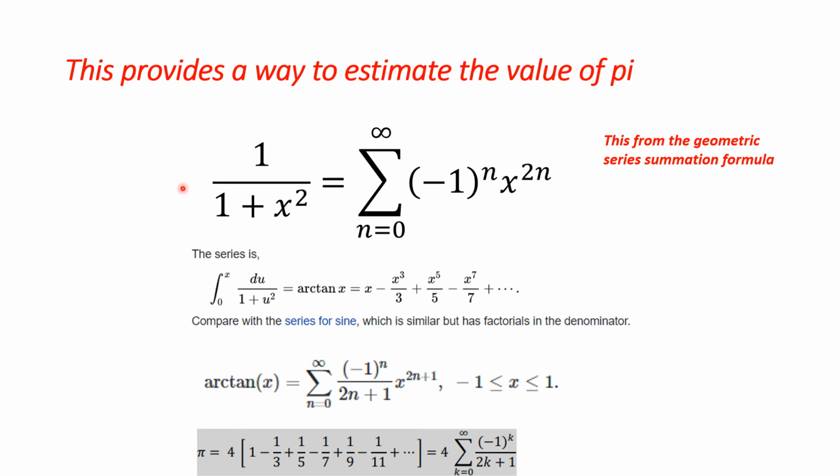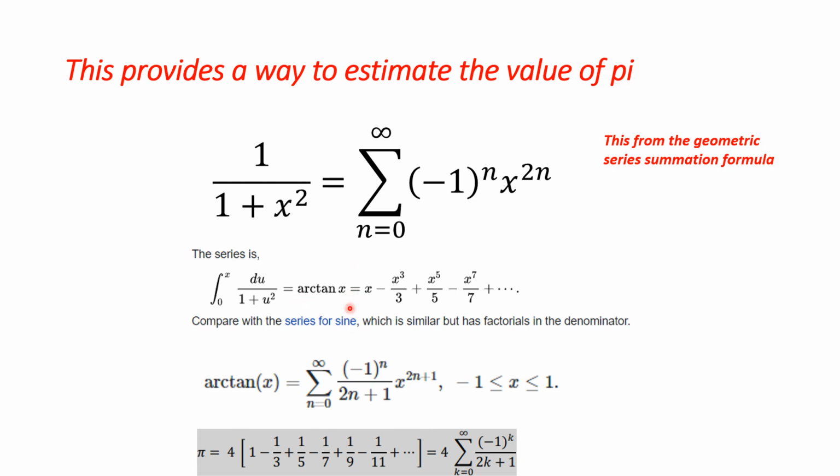But now, since this converges so strongly, I can integrate it term by term. And I'm going to integrate it from 0 to x. And I'm going to start calling this variable u here, just so it's not confusing. So if I integrate this from 0 to x, I get the arctangent of u evaluated at x and at 0.